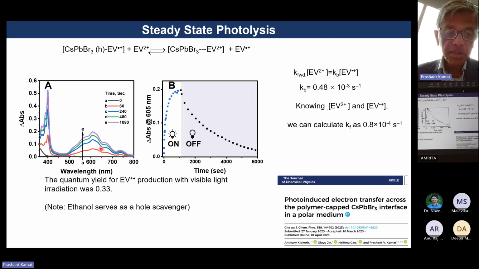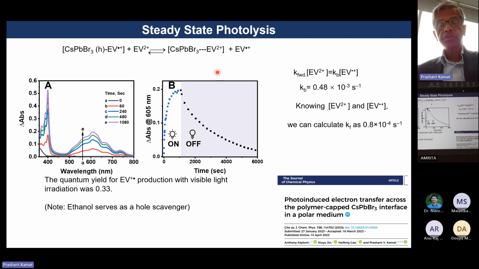That's when we do the steady state photolysis. In the steady state photolysis, this viologen radical is formed, and you can follow the growth of this viologen radical as it's formed, and then it starts decaying back. When you turn it off, there is again a back electron transfer.